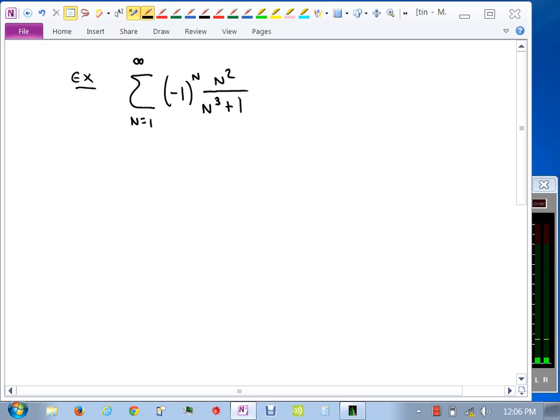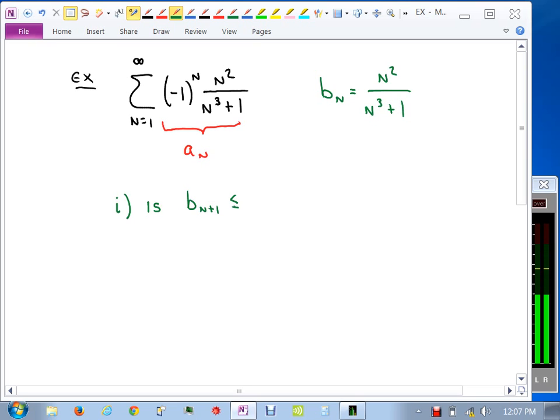Our b sub n is just n squared over n cubed plus 1. I'm not trying to figure out if that series converges. I'm trying to find 2 things. The alternating series test says the first thing I need to show is b sub n plus 1 less than or equal to b sub n.